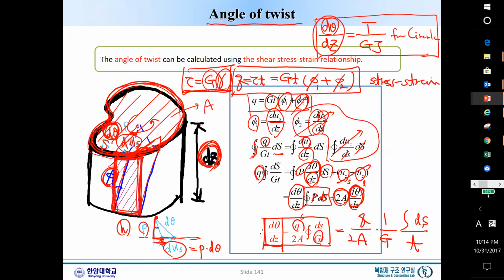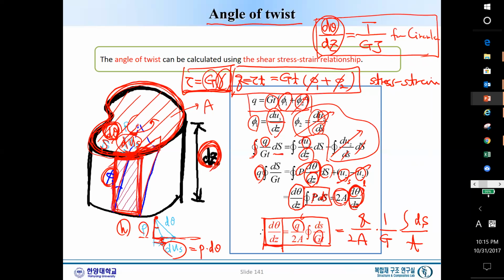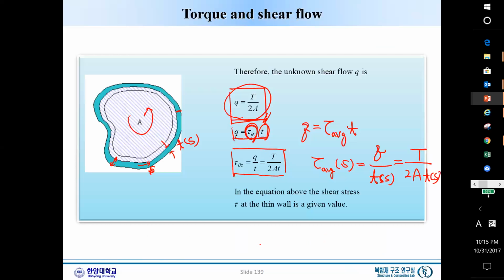My point is that in the derivation of this thin wall shaft, we did consider equilibrium, stress-strain, and geometric constraint, and we got all the results for this and for this. So please remember those two.